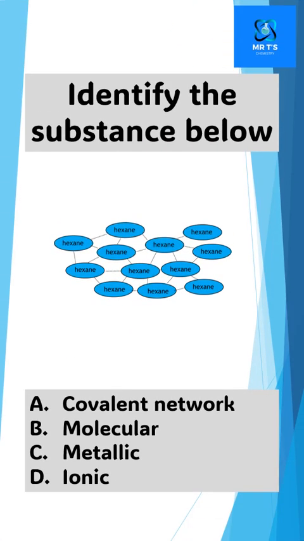Okay, this substance below shows discrete molecules here, discrete hexane molecules with weak intermolecular attractions between them. So, is this a covalent network substance, a molecular substance, C, a metallic substance, or D, an ionic substance?